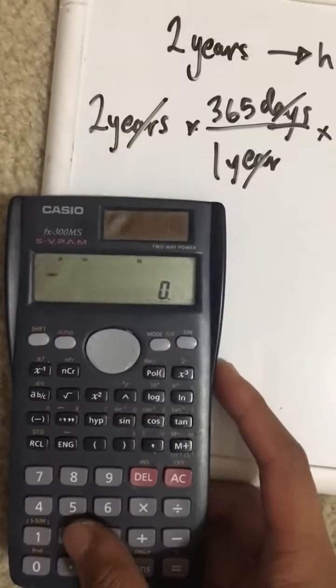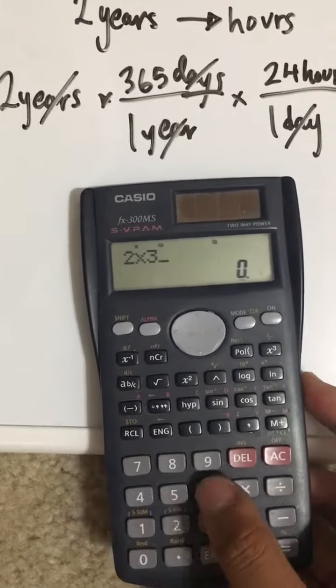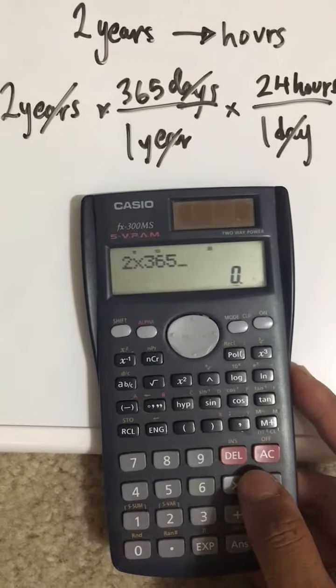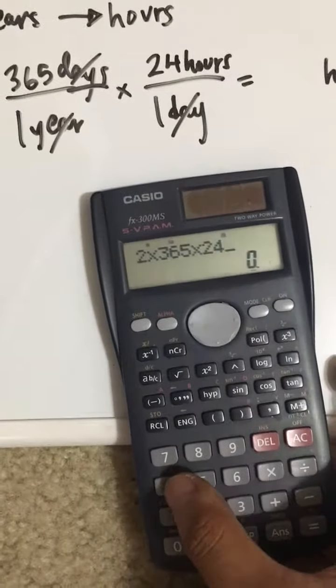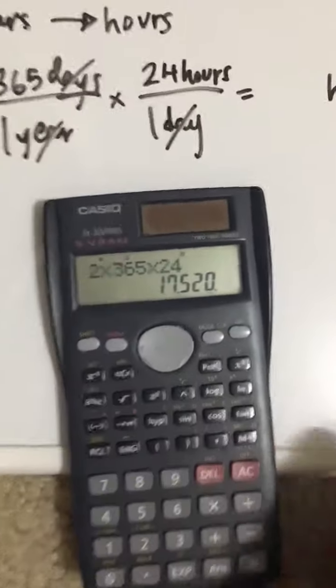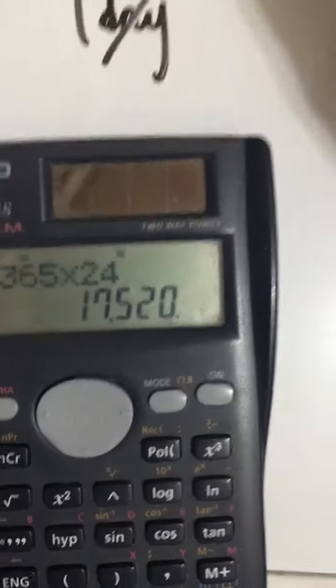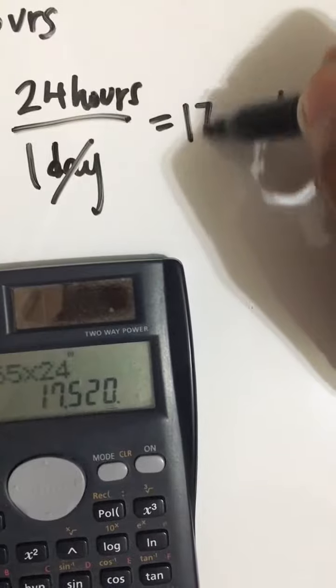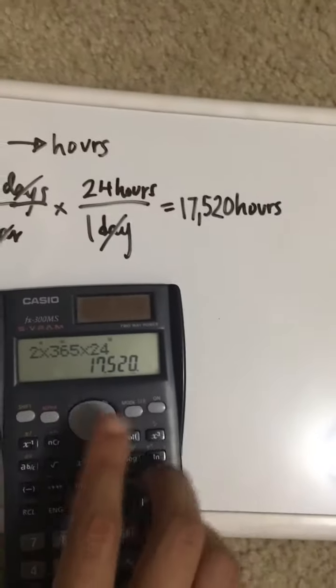So we have 2 years multiplied by 365 days per 1 year multiplied by 24 hours per 1 day. And that is our answer, 17,520. And that's how many hours there are in 2 years.